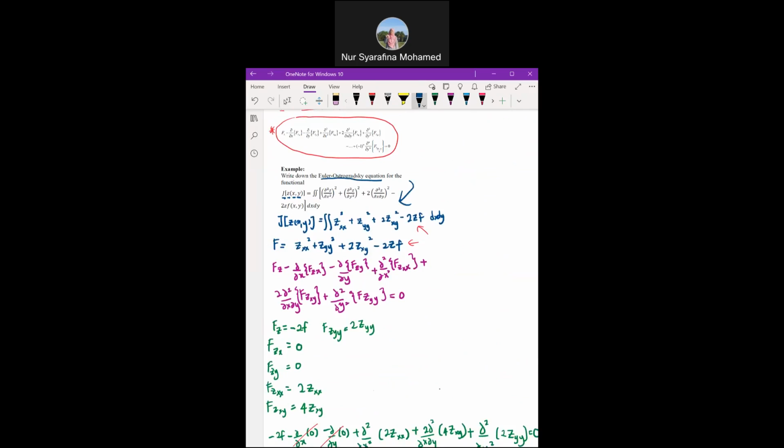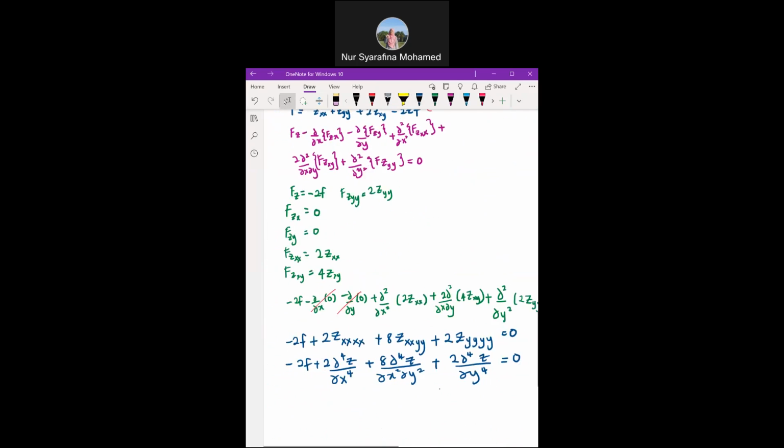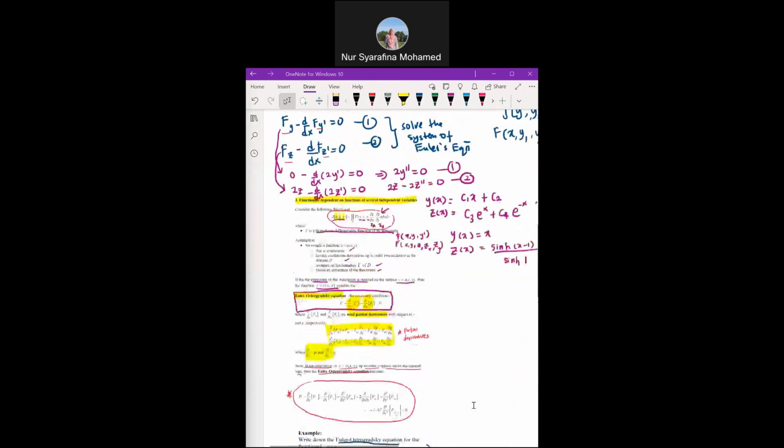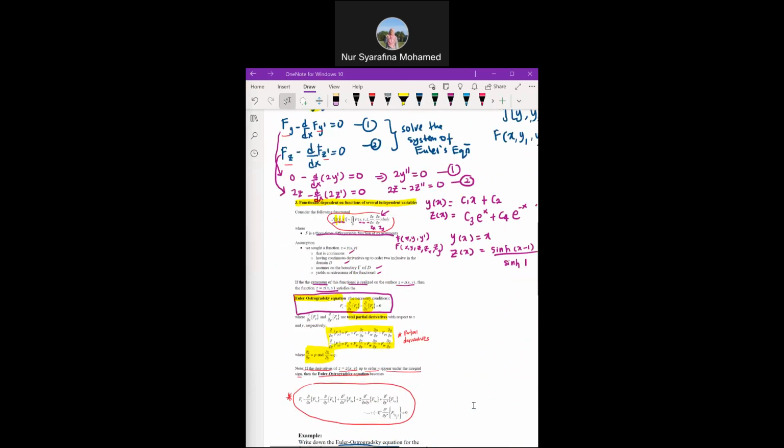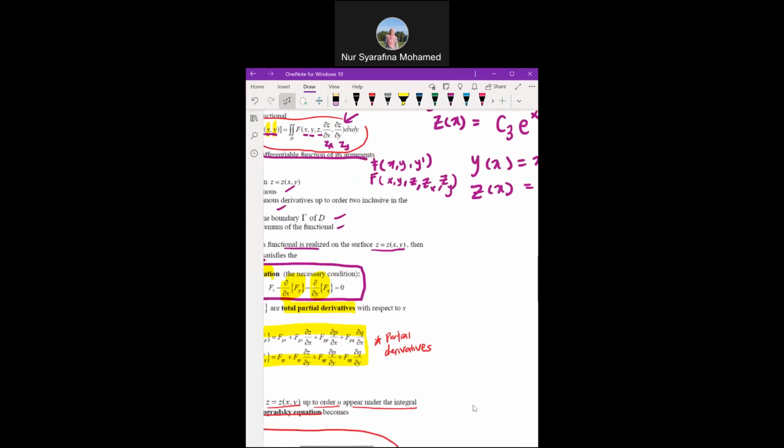So I hope you can try the example given in the notes, where it depends on how many orders, or how many functions, and also how many independent variables. Don't forget, we still want to find the extremal, just with different types of functionals given.